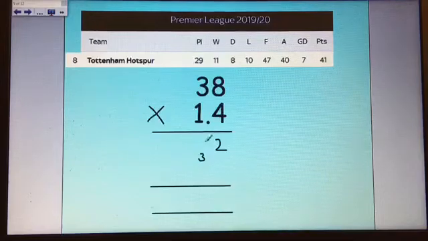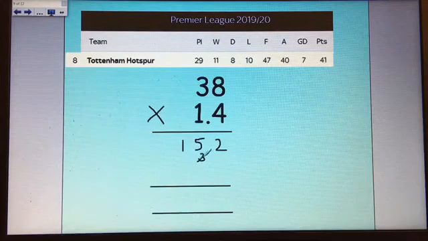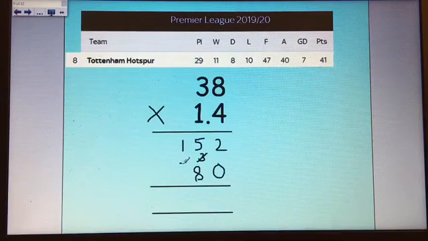Okay, 3 times 4 is 12. Add the 3 makes 15. Do always cross it out after you've done it though, to make sure you've added it on, or you don't add it on twice. Put 0 here as a placeholder, and next bit's easy, isn't it? 1 times 8 equals 8. 1 times 3 equals 3.